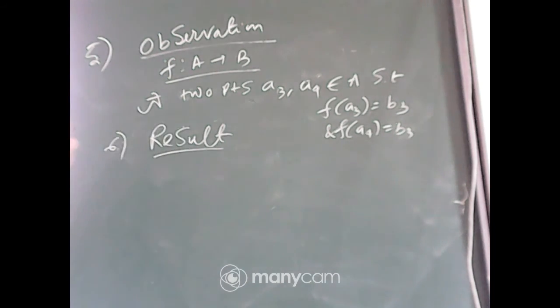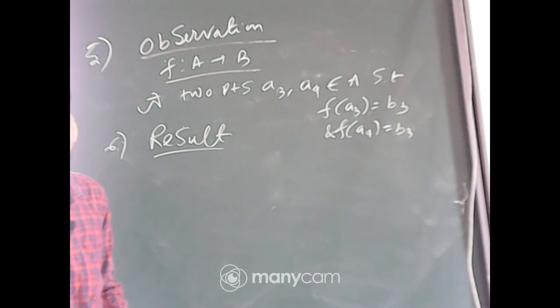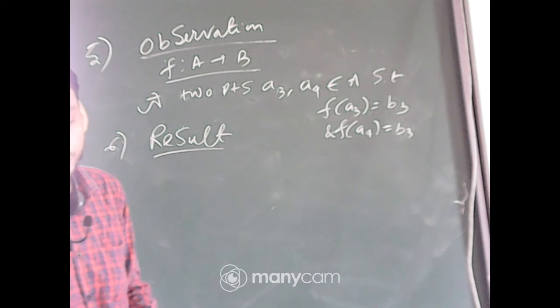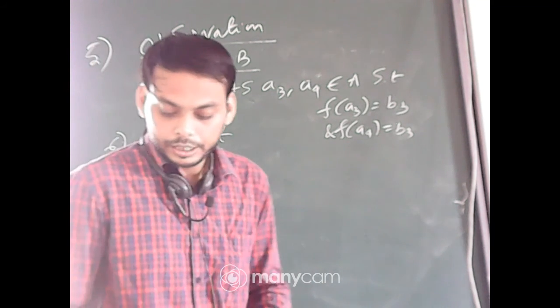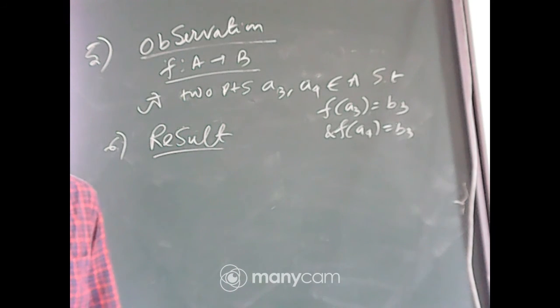So now the last point, the result, that means the conclusion. Just write that from the above observation it is verified that the function is not 1-1 but onto. So you have to write or mention these 6 points.